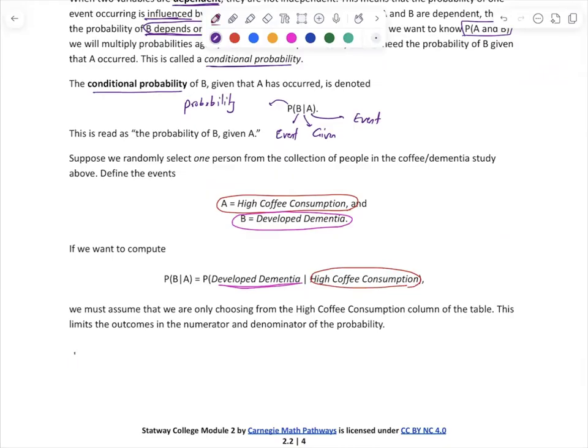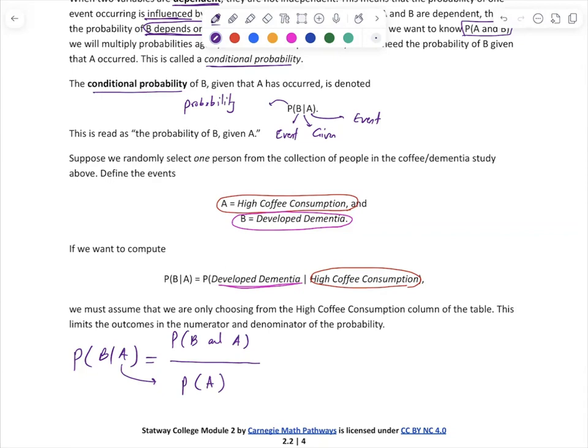In order to find the probability of B given A, you're going to form a fraction. On top of the fraction, you have the probability of B and A. Basically, you're finding the intersection. Down on the denominator, you're finding the probability of the given event. So the conditional probability of B given A is a fraction.